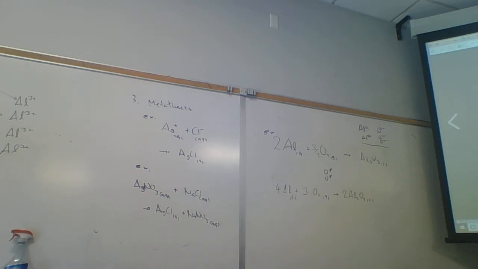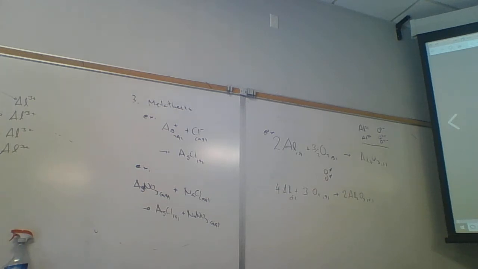Each aluminum lost 3 electrons, so that gives us a total of -12 electrons total. So who took those electrons? Who took the electrons? The oxidizer took the electrons.